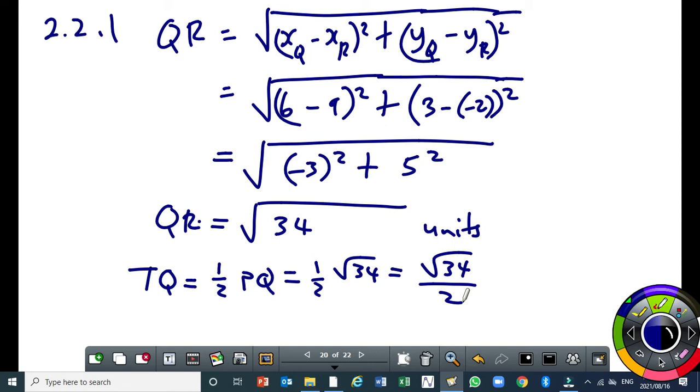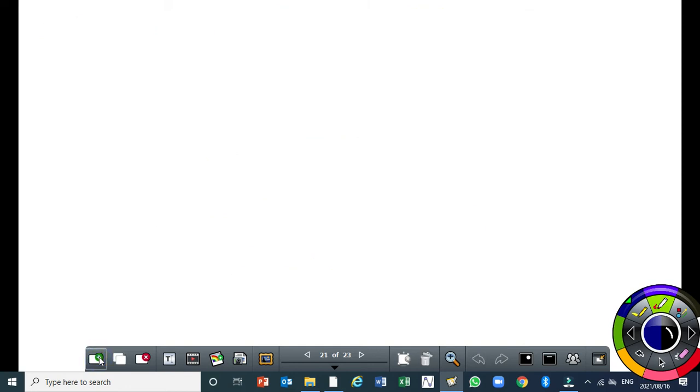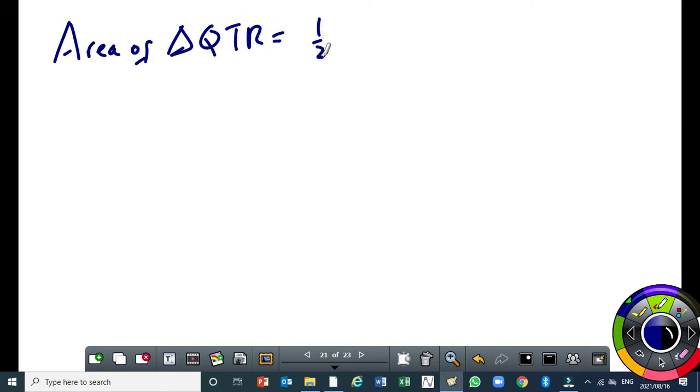So the next thing, to write my formula, the area of triangle QTR is going to be half times my base, which is TQ. Please, here, there's no special rule. It's your choice. You can make TQ your base and QR your height or vice versa.